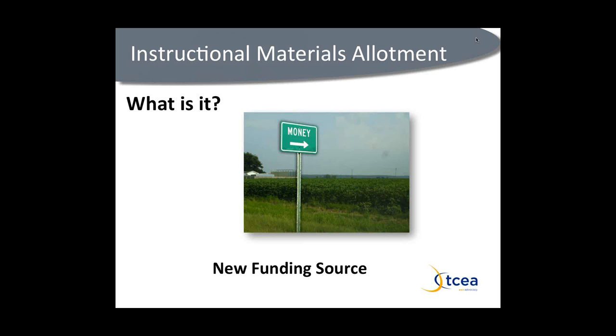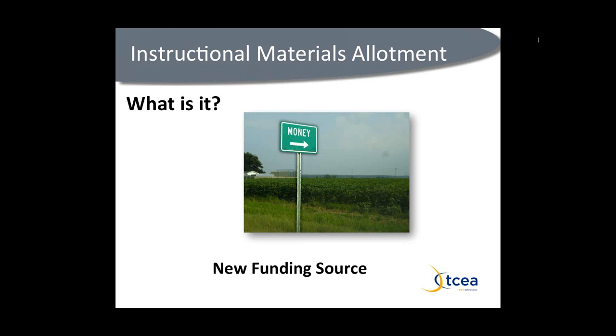I want to let you know a little bit about the Instructional Materials Allotment. This is a new funding source that the last legislature, the 82nd legislature, created through a bill called Senate Bill 6. Basically what it did is it combined the resources the state had been using for textbooks with the funding that they had been using to provide funds for districts to buy technology.